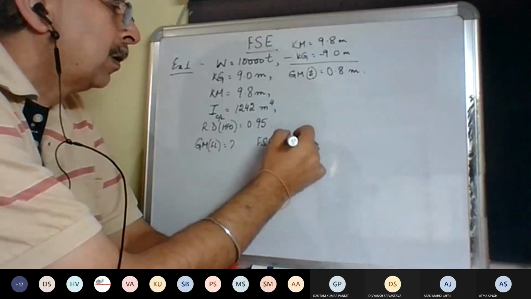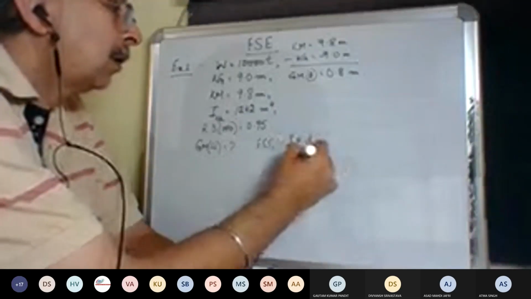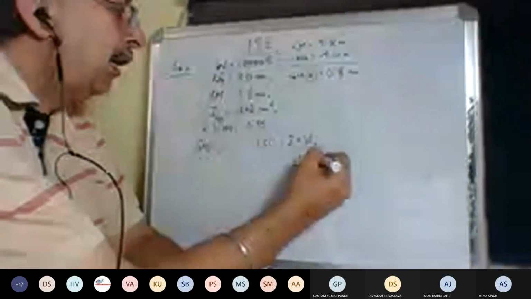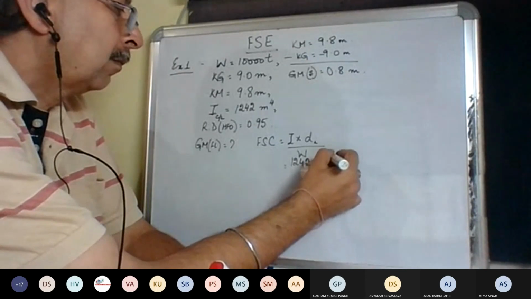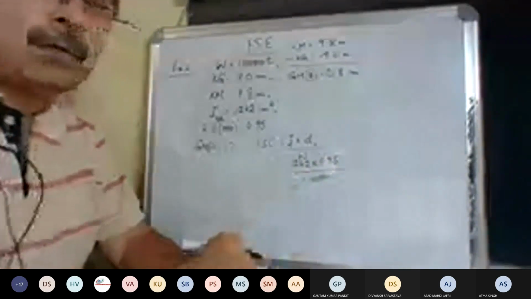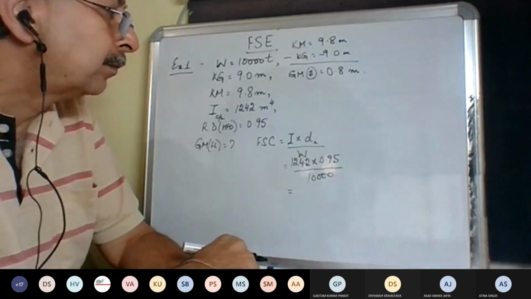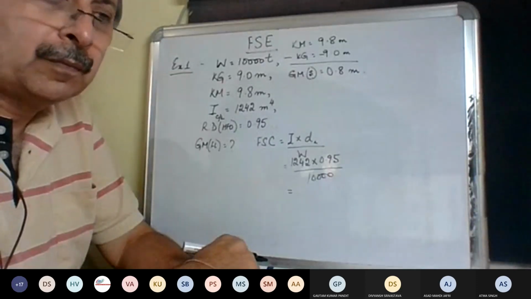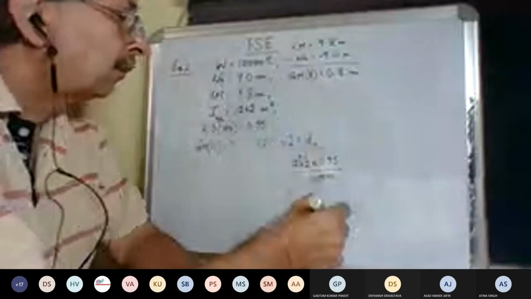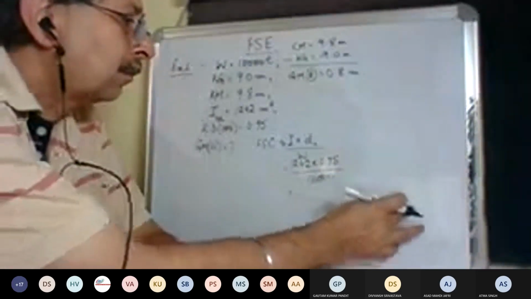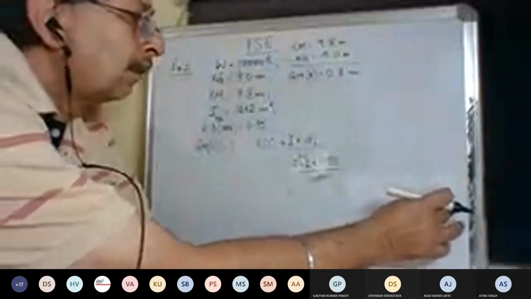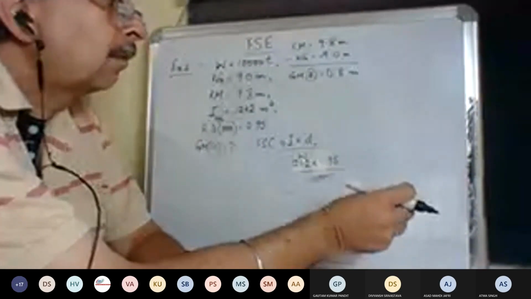FSC is I into DI divided by W. How much does this come to? 0.117.